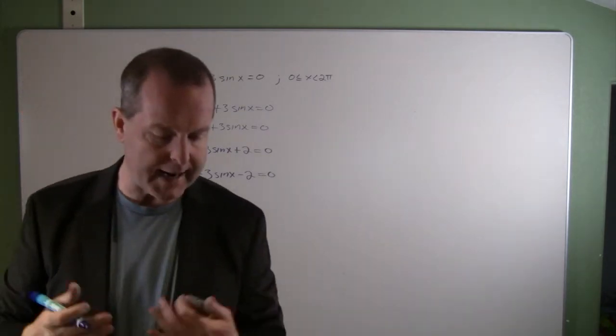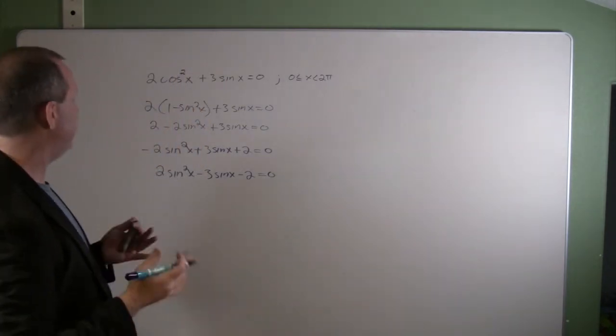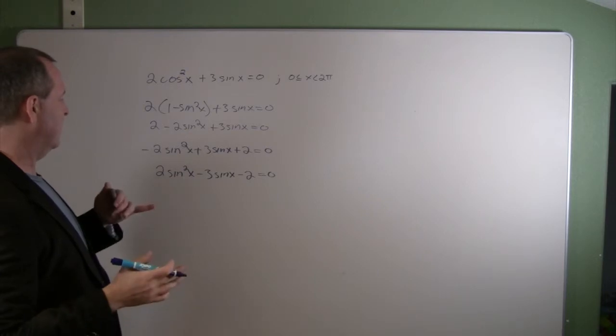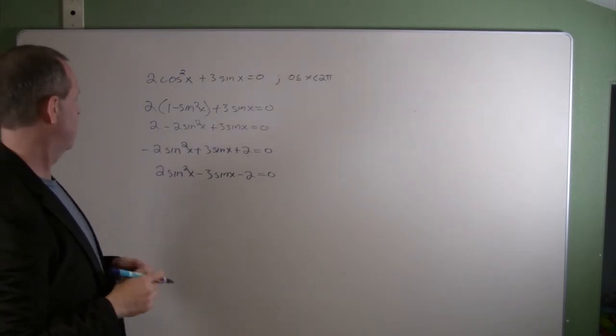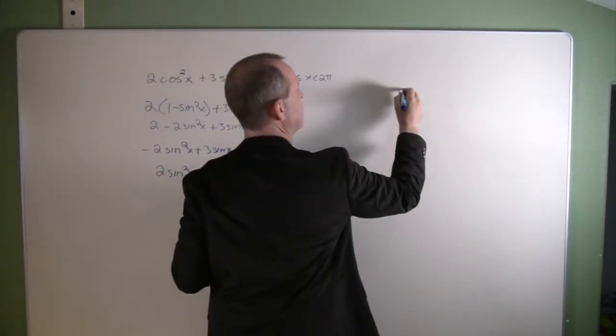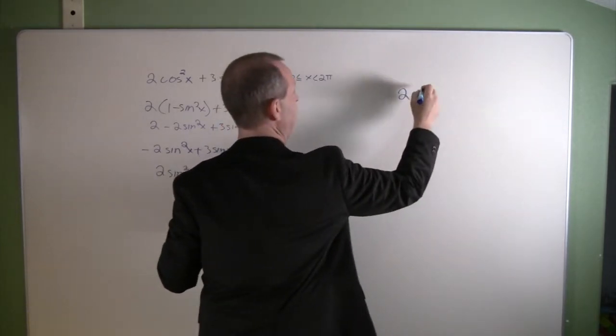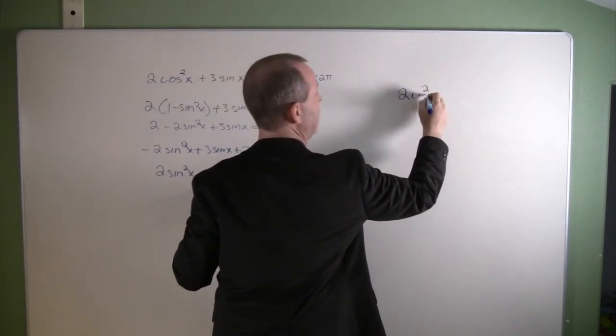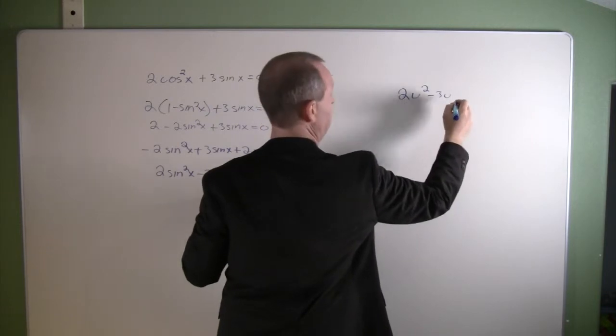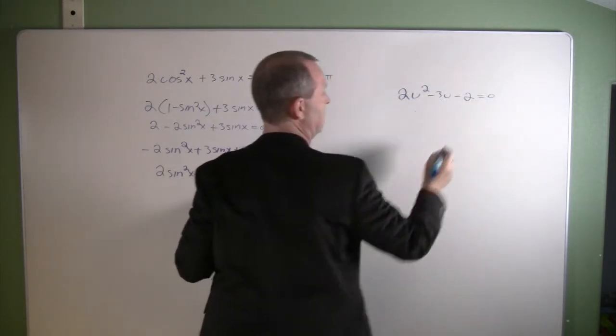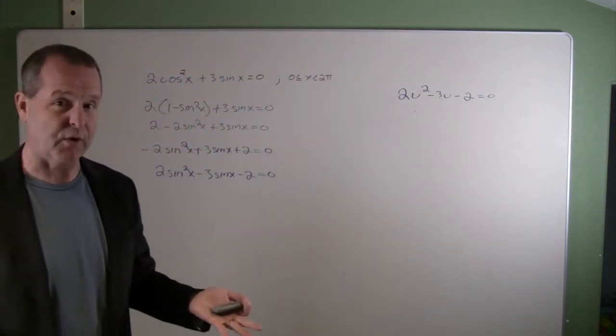So it looks like I can go ahead and start to begin factoring that. That's ugly. But if I remember it as 2u squared minus 3u minus 2, I can factor that.